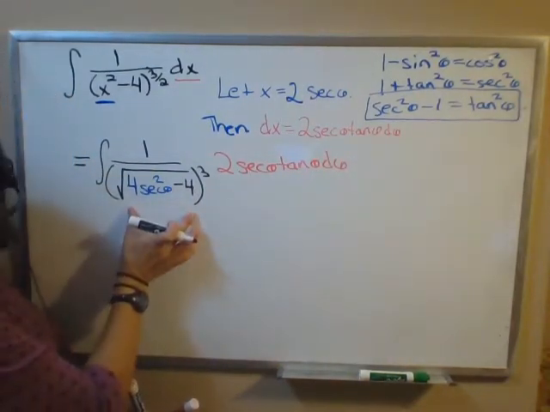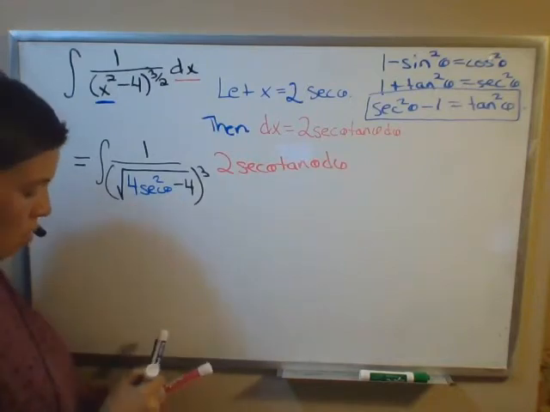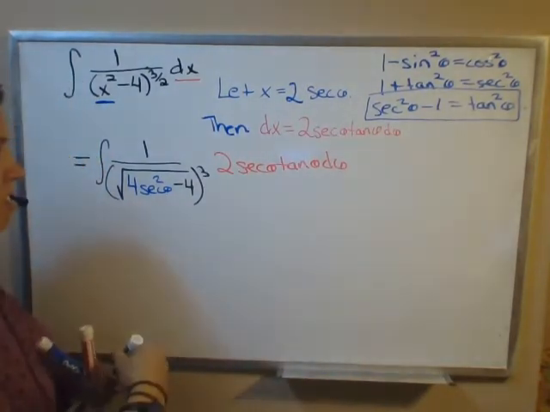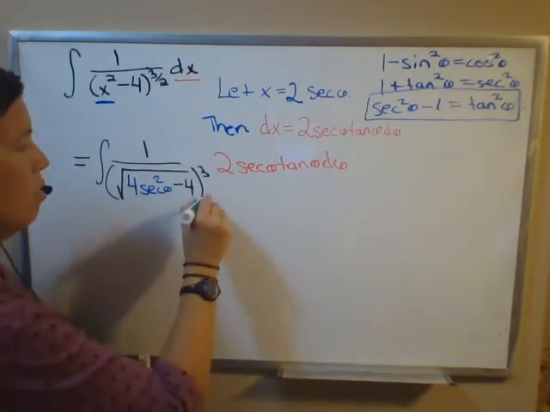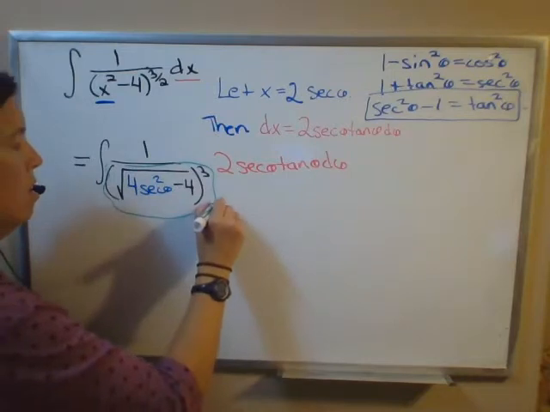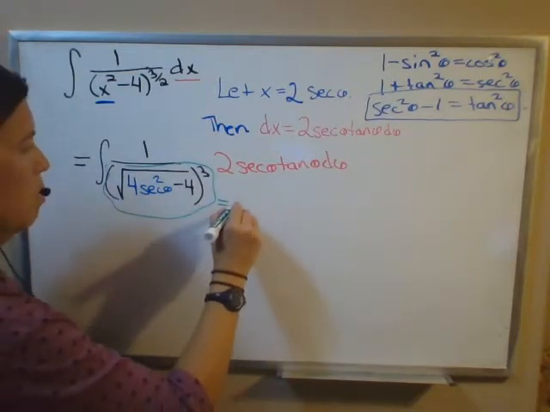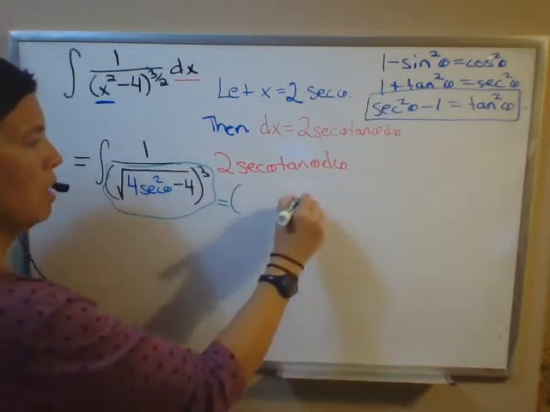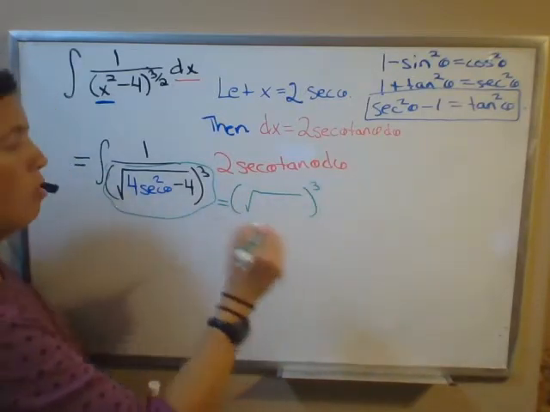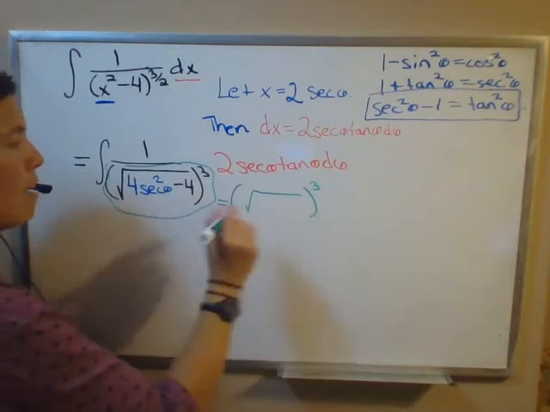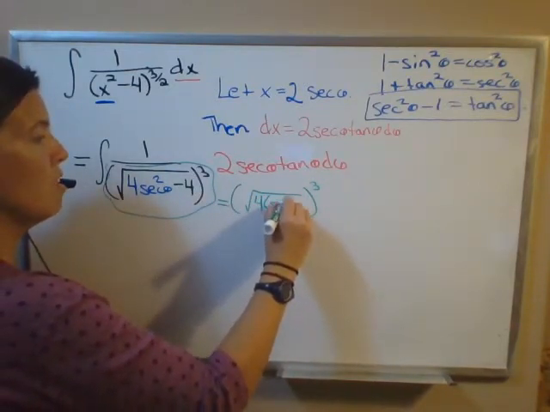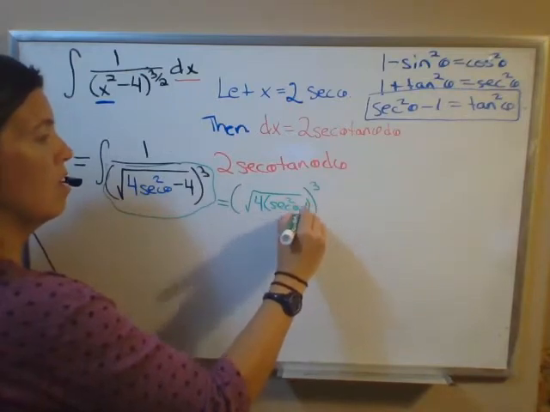Now I want to simplify. I'm going to work on just this radical expression here without rewriting the entire integral, just to save some rewriting. So this expression in the denominator is a square root cubed, but what's under the radical, in here we could factor out 4. And if you factor out 4, you'll have secant squared theta minus 1.